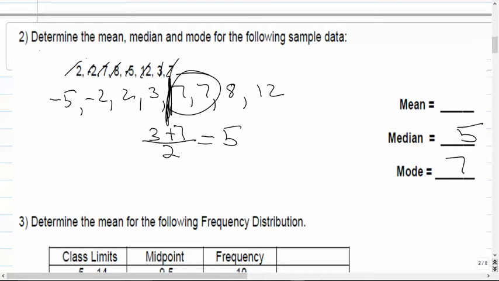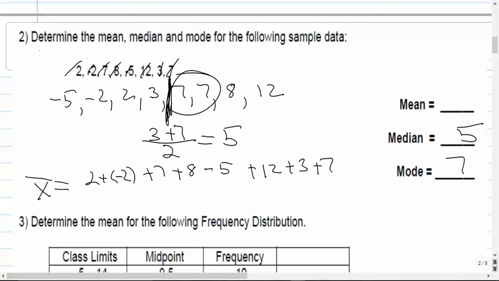It occurs twice. The mean, it's sample data, so we use X bar. I'm going to simply add up the data values. Just be careful working with negative signs. You add up your data values, and I'm more formal than probably most of y'all are.